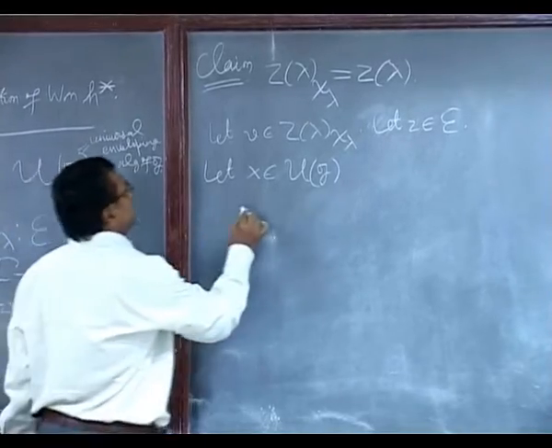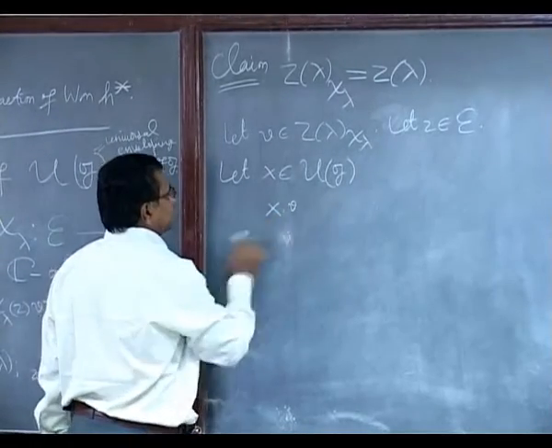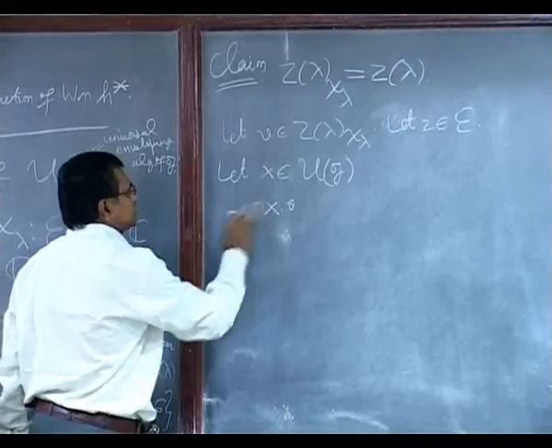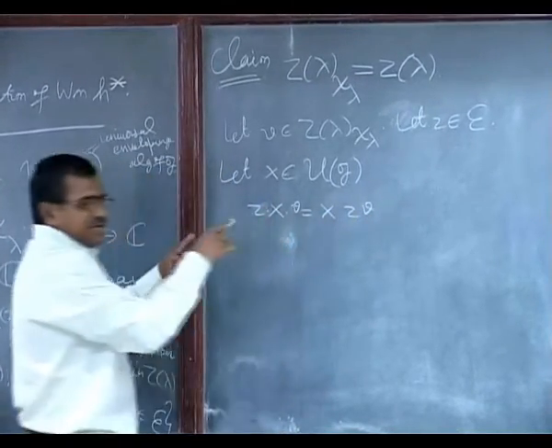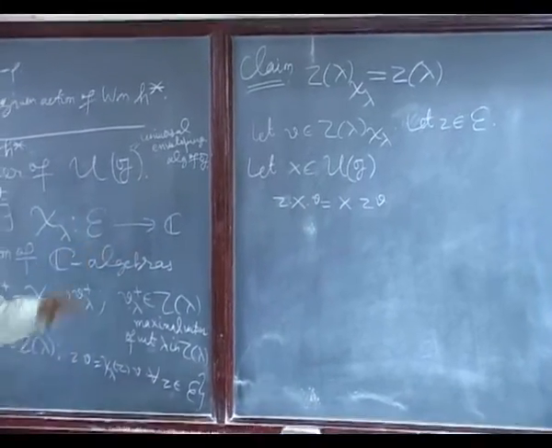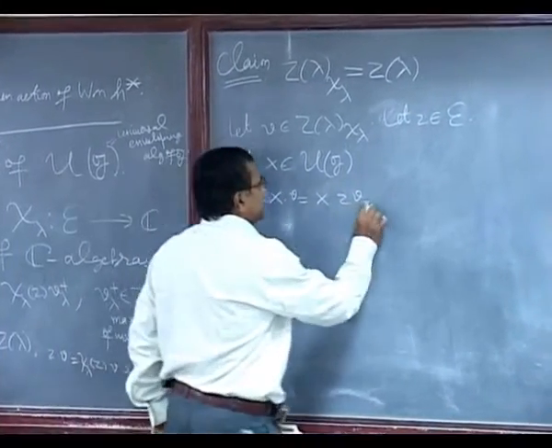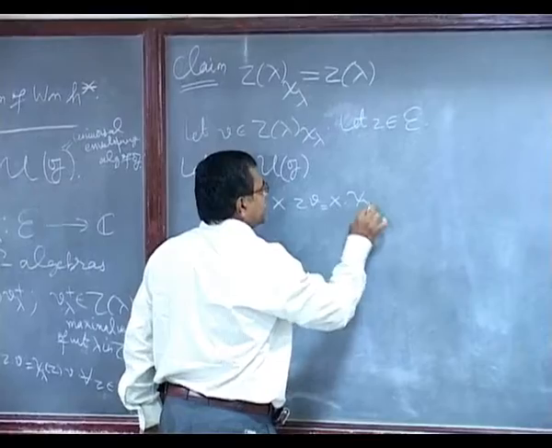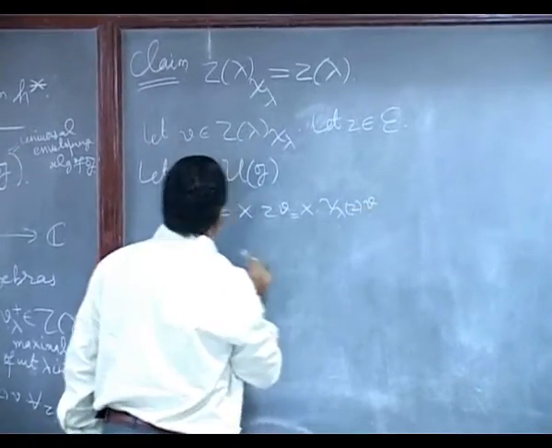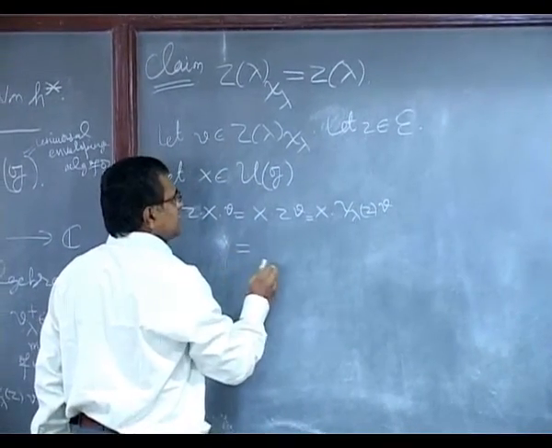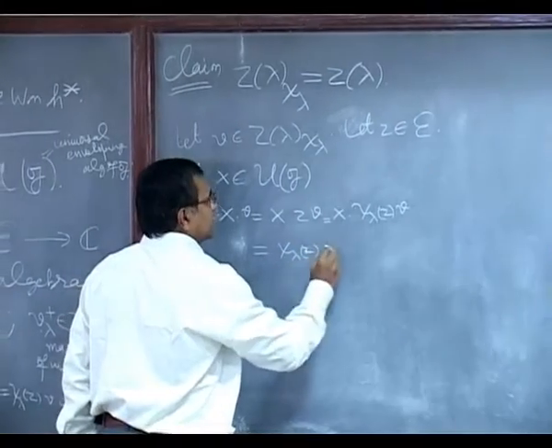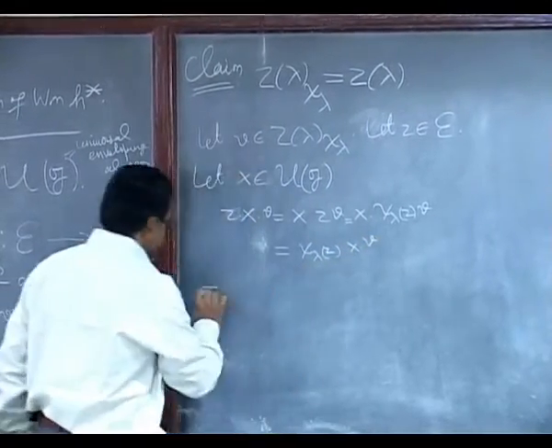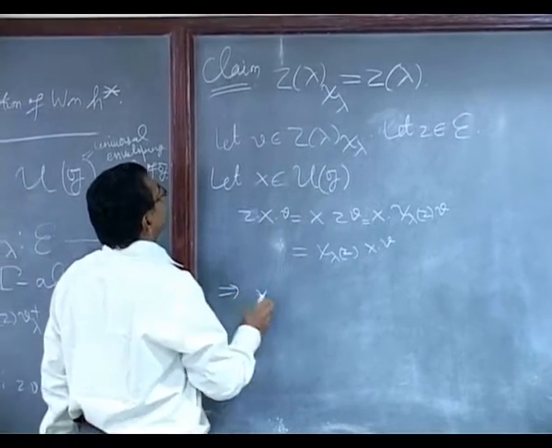Now, consider x times v, and z times x times v: because the center commutes, this is nothing but x times chi lambda of z times v, which is the same as chi lambda of z times x v.